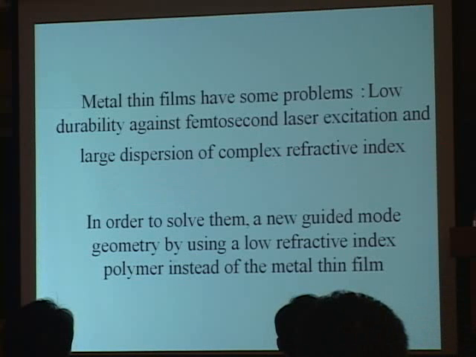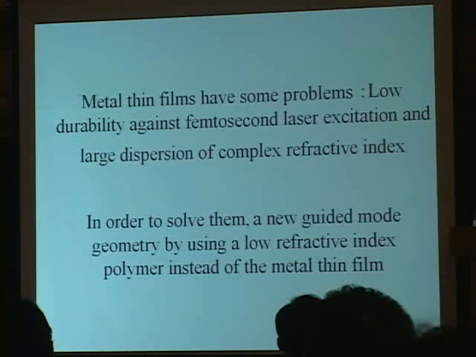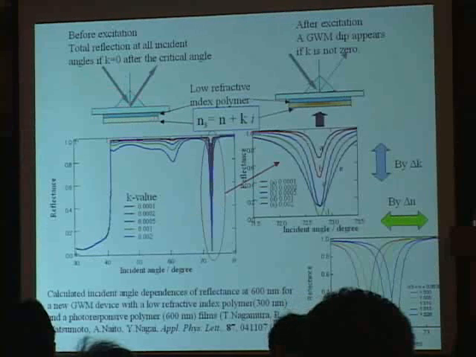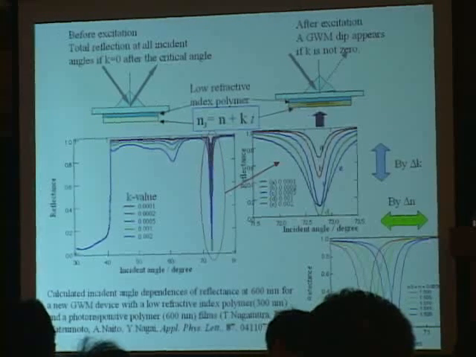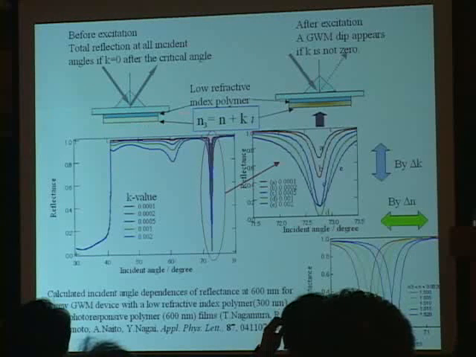So in order to solve this problem, we very recently proposed a new way of optical control of reflectance using only polymers, two kinds of polymers, which is shown here. Instead of metal thin film, we introduced a low refractive index polymer, a commercial polymer produced by Asahi Glass Company, with the commercial name Cytop, which has a refractive index of about 1.34.